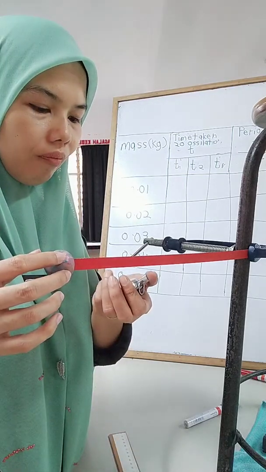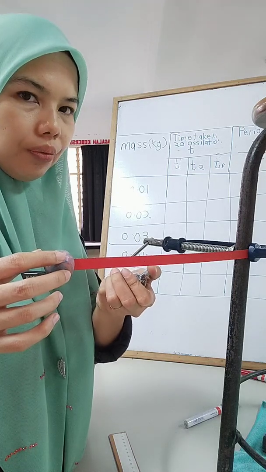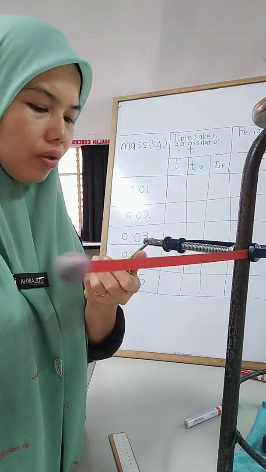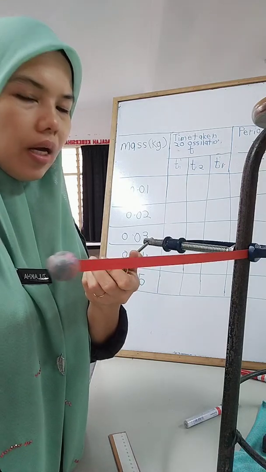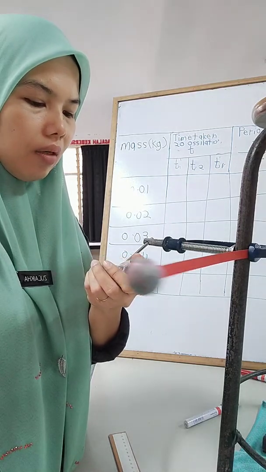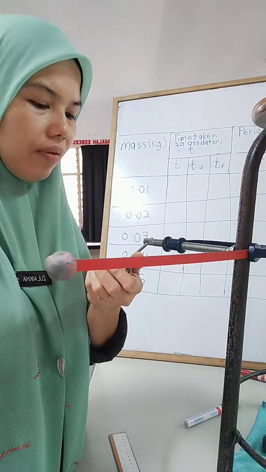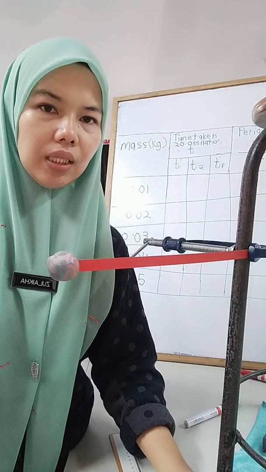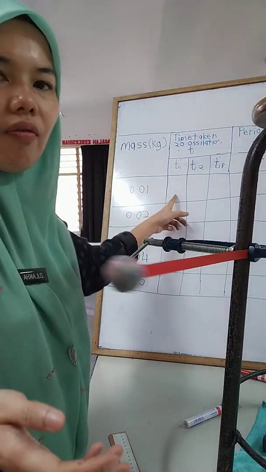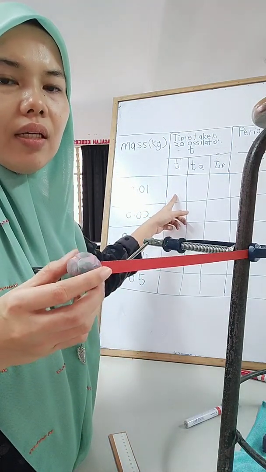Okay, 1, 2, start. 1, 2, 3, 4, 5, 6, 7, 8, 9, 10, 11, 13, 14, 15, 16, 17, 18, 19, 20.